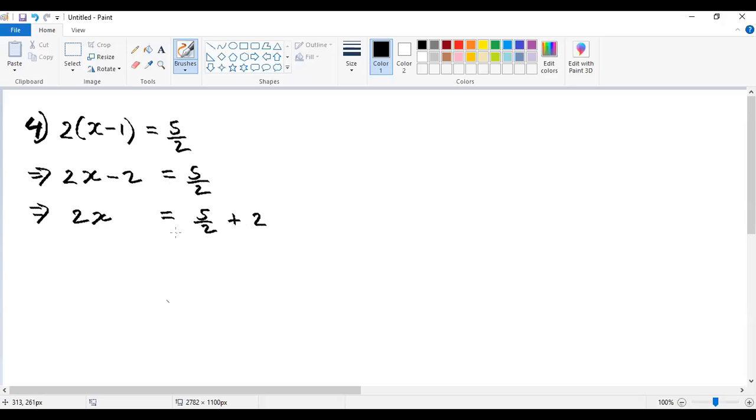So you already see the answer popping. But if you're not so keen on that, you can think of this as 2/1, right? And then to have this with the same LCM as this, you multiply numerator and denominator by 2, and you end up with 4/2, and then you can just add across.